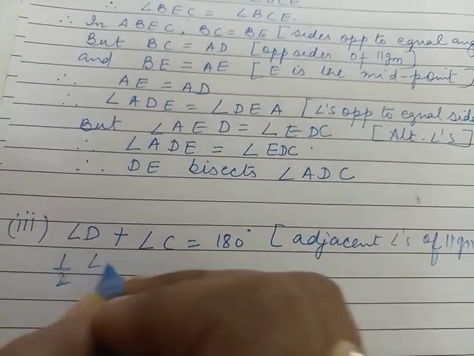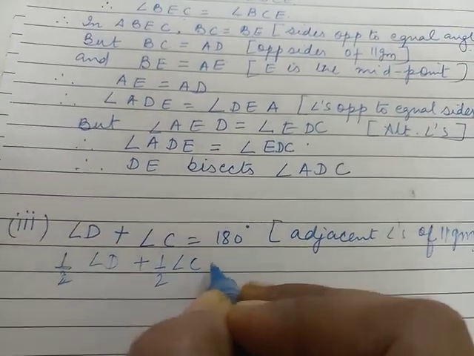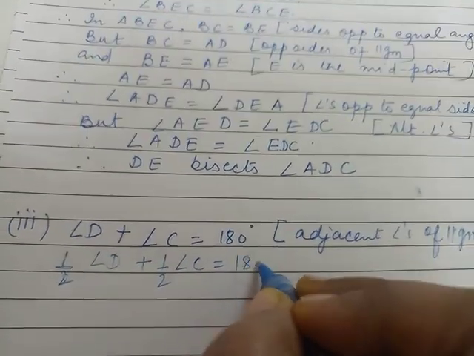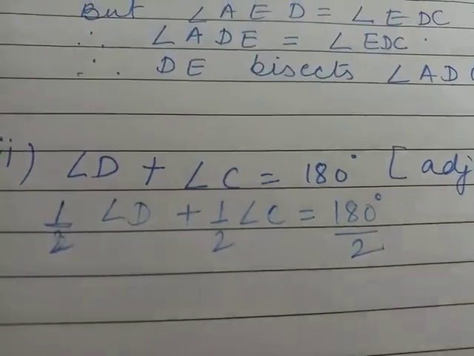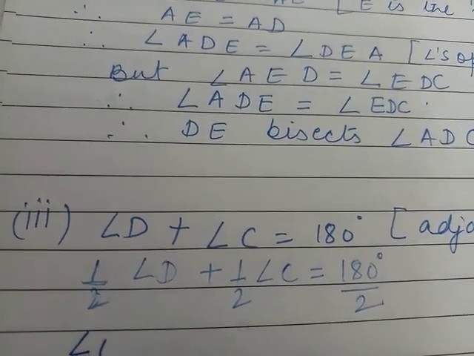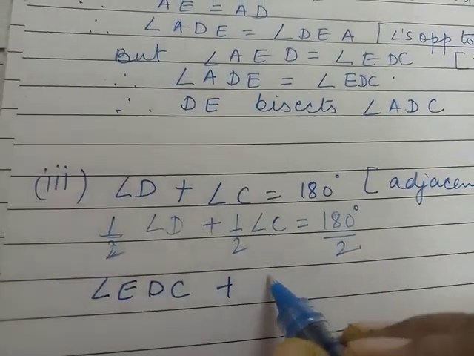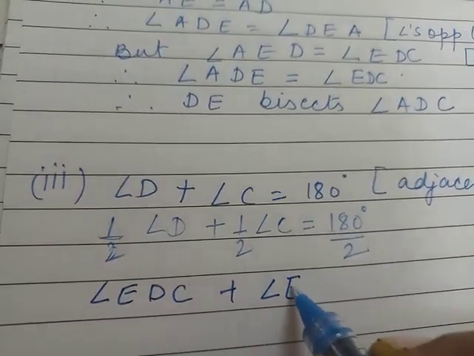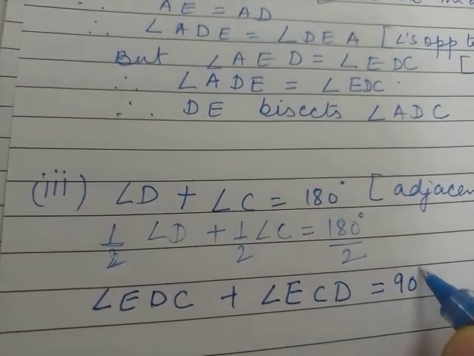So it will become half D plus half C is equal to 180 by 2. Half of angle D, we can write it as angle EDC, and half of angle C, we can write it as angle ECD, and half of 180 will become 90 degree.